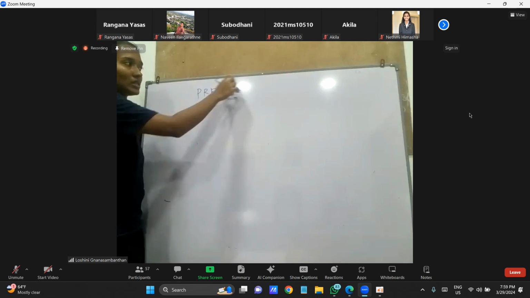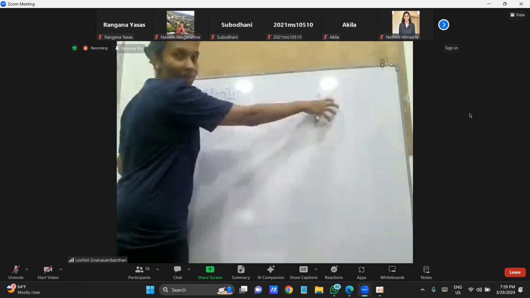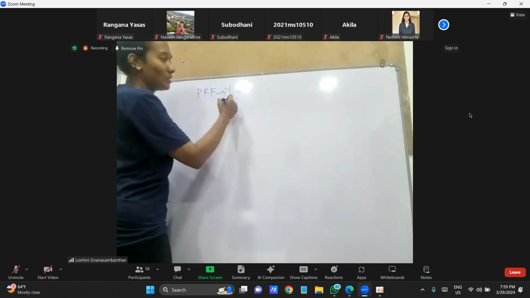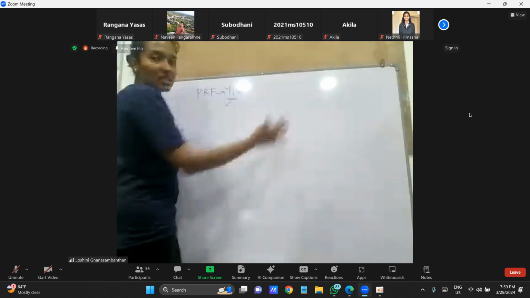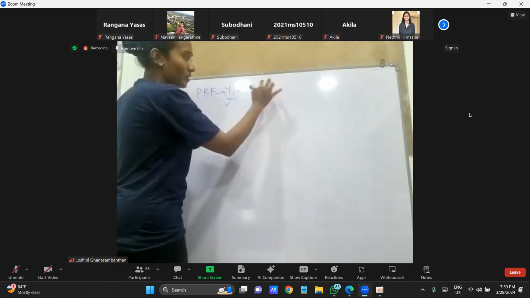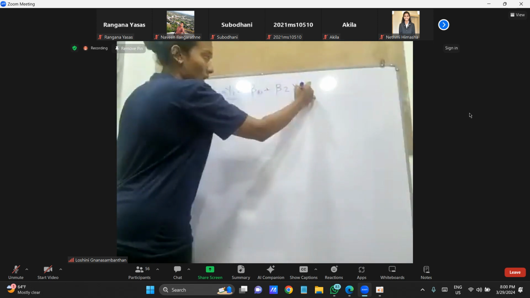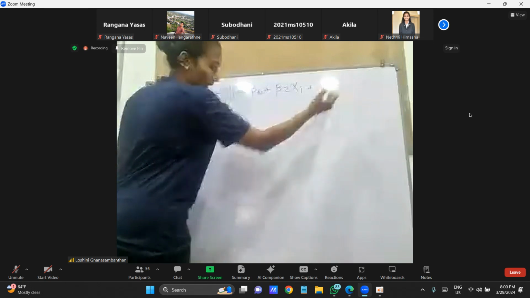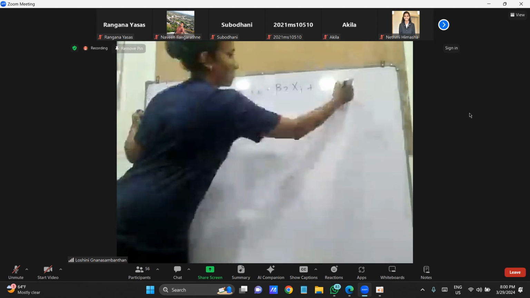So for this to be actual, there should be a Ui here. So Yi equals beta 1 plus beta 2 Xi plus Ui. That is the population regression function, stochastic version.